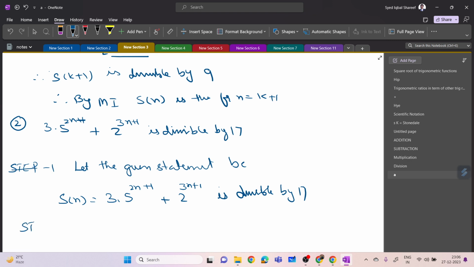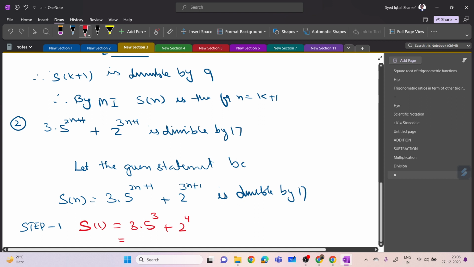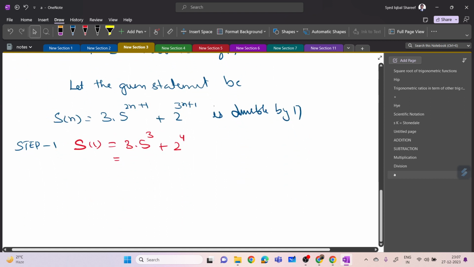Now we will go to step number 1. What is step number 1? S of 1: n equal to 1. 2 into 1 is 2, plus 1 is 3. 3 into 1 is 3, plus 1 is 4. So this equals 3 into 5 cube, which is 125, plus 2 to the power of 4, which is 16.